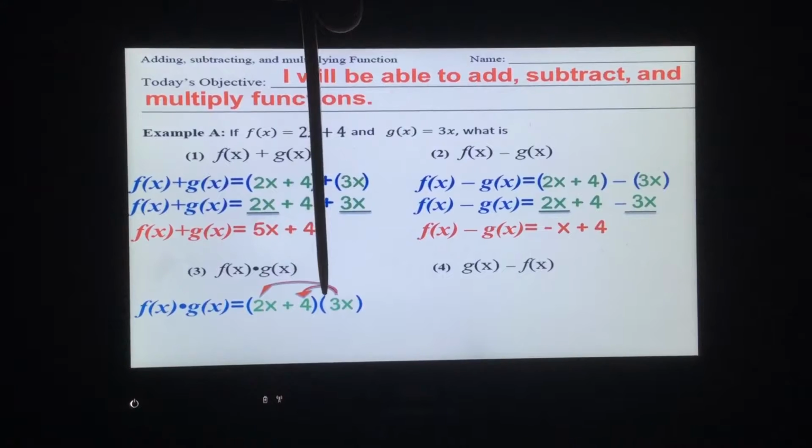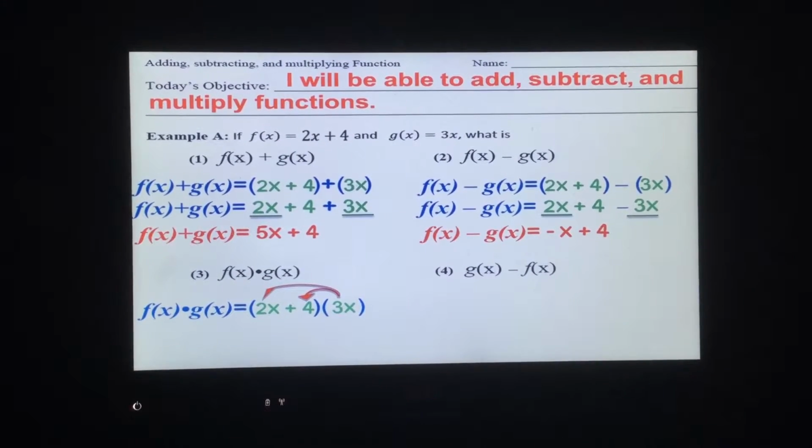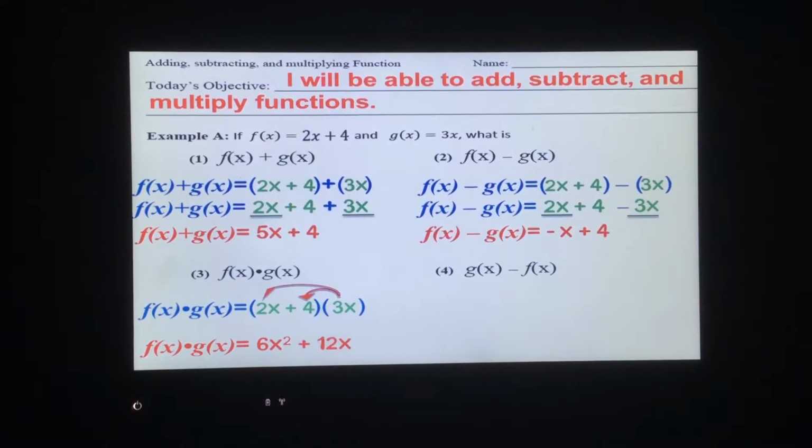They're right next to each other. So the 3x times the 2x: the coefficients multiply to be 6, and x times x is x squared. When you multiply the 3x with the 4, 3 times 4 is 12, and then we're still going to have x. So that's the end of that problem.